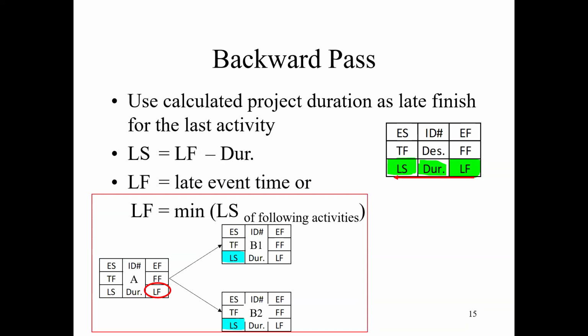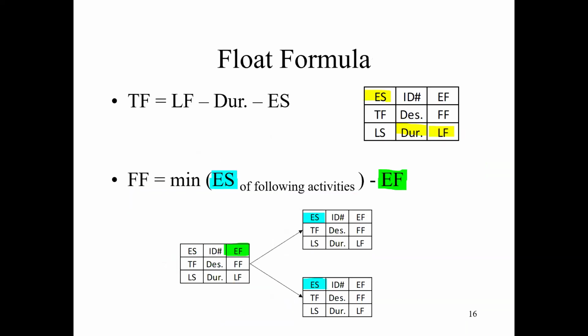Right now, we come back from the end to the beginning, and we cannot impact any of them, so we need to use the minimum. Okay, so the late finish time for A is equal to the minimum of the LS for B1 and B2. So that's the definition of the backward and forward pass techniques for the calculation, which are used to determine the late start and late finish.